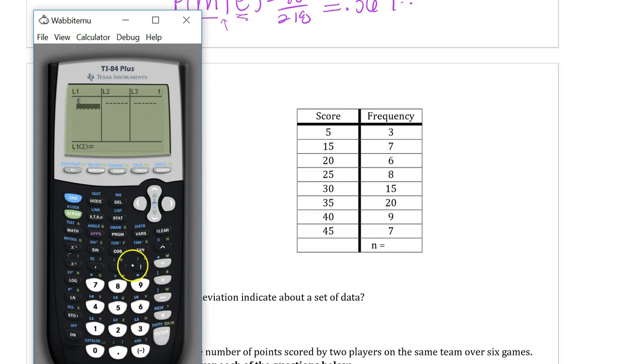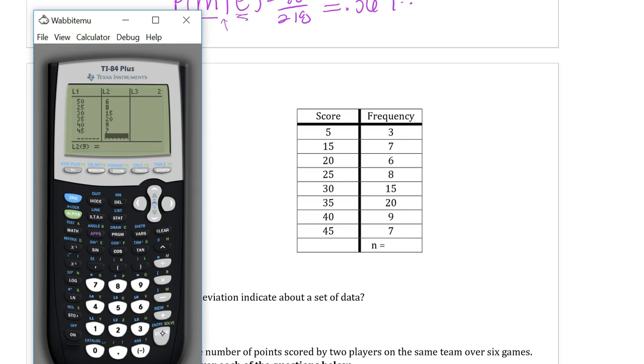So I'm just going to go through, enter in my scores. Okay, and then I do 3, 7, 6. All right, good. So I entered my data in.